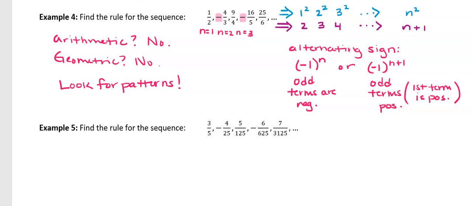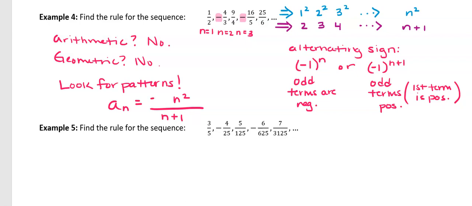That means that for this example, putting all of this together, my formula, a sub n is going to equal my numerator, which is n squared, over my denominator, which we determined to be n plus 1, and then we need to determine which sign choice we're going to have. And because my first term is positive here, I'm going to use the negative 1 to the n plus 1.